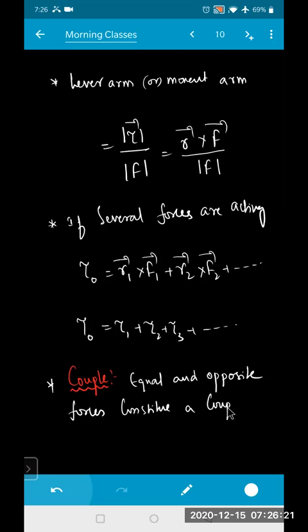Equal and opposite forces acting in opposite directions, like opening and closing of a tap, is the best example. You exert a force with one finger in one direction, and another force with the other finger in the opposite direction. But they should be equal and opposite. Equal and opposite forces, if you are applying, that will constitute what, beta? A couple.